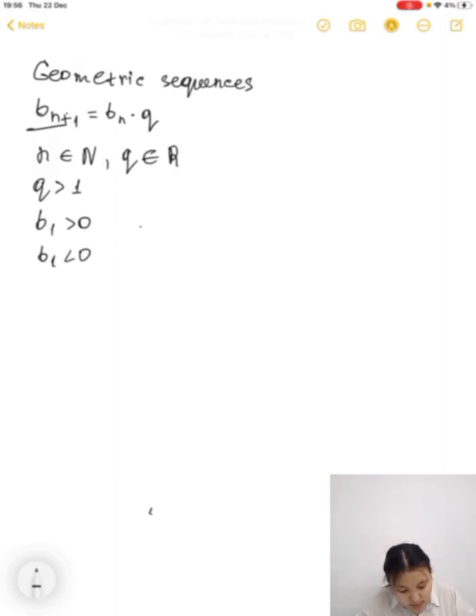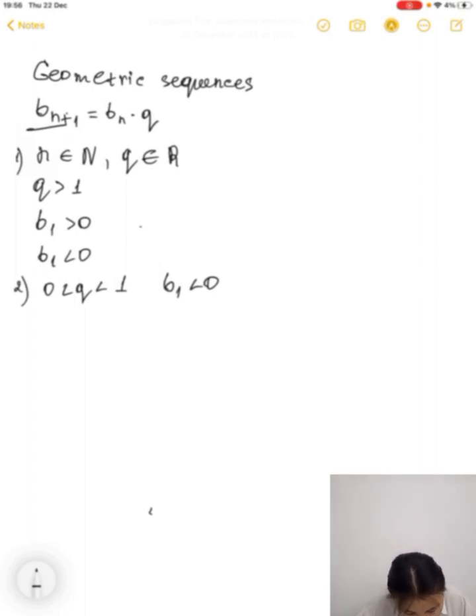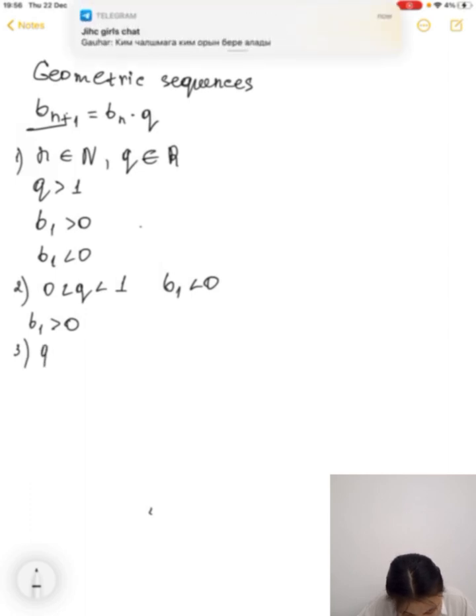Second, if 0 is less than q less than 1, the geometric sequence is increasing when b sub 1 is less than 0, and decreasing when b sub 1 is more than 0. Third, if q is less than 0, then the sequence is not monotone.